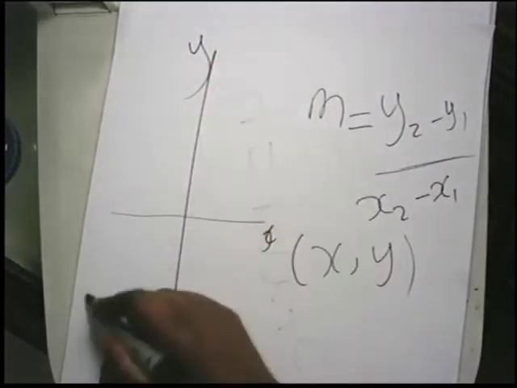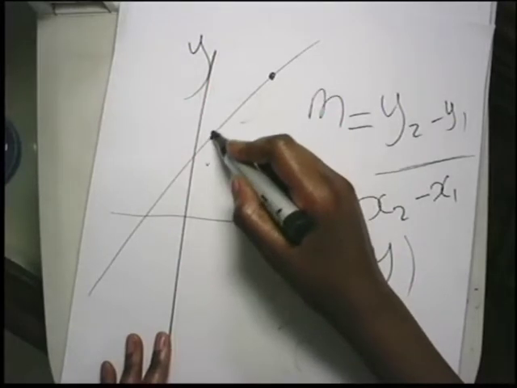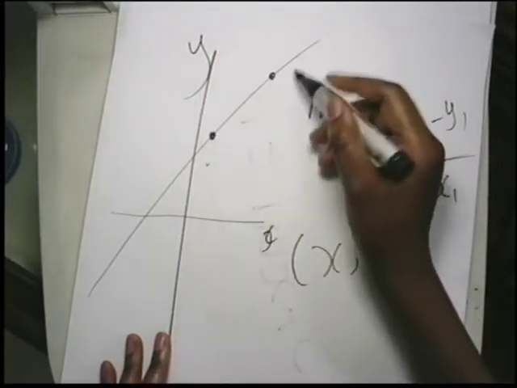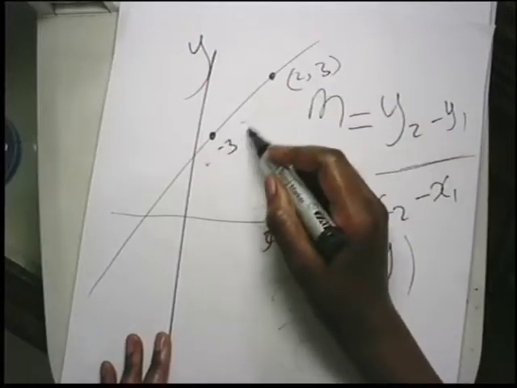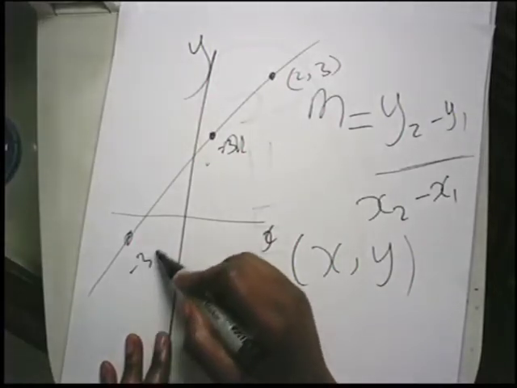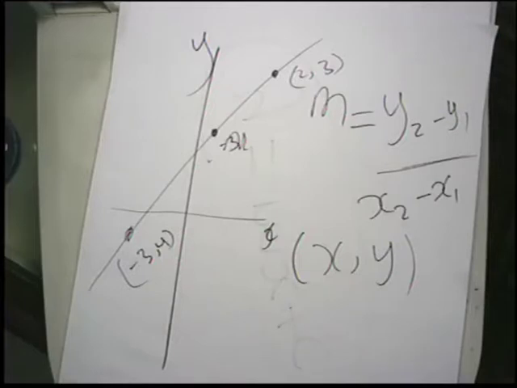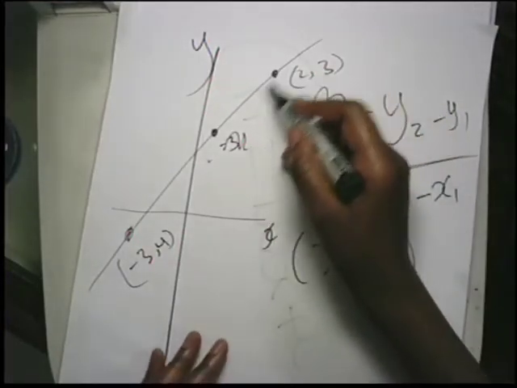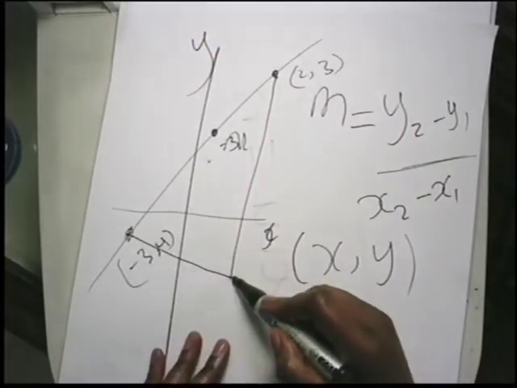There was a line that was drawn and they took a point there and another point there, for example (2, 3) and (-3, 4). Now they want to find the gradient. The gradient is the difference between that point and that point. Okay?